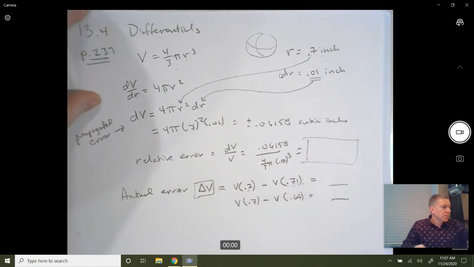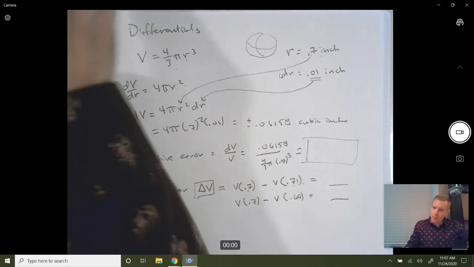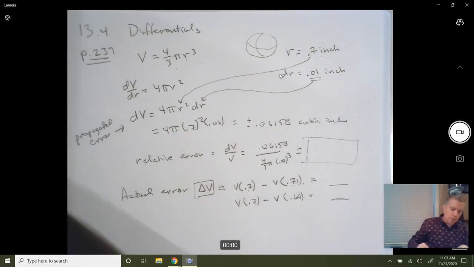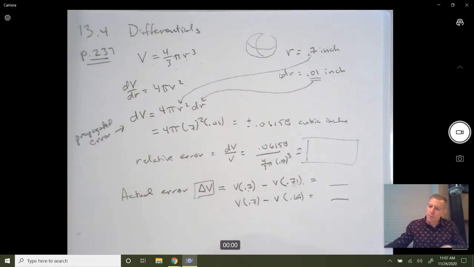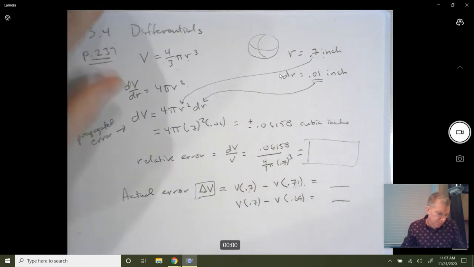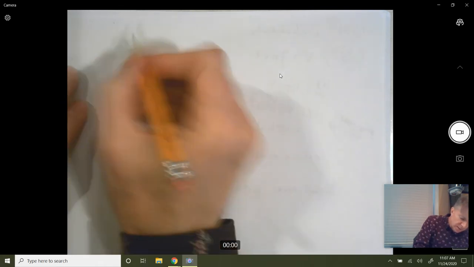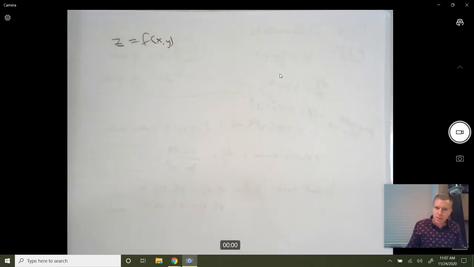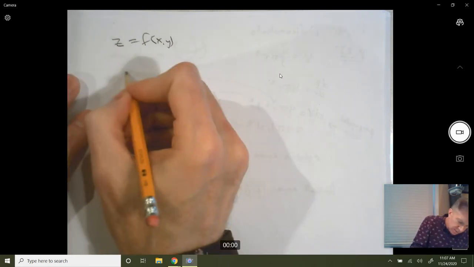Okay, so let's go to our current chapter, which is 13.4. What we're going to do here, we're going to look at a couple of examples. First of all, I'm going to talk about a function where you have z as a function of x and y, and you're calculating the differential, the dz.